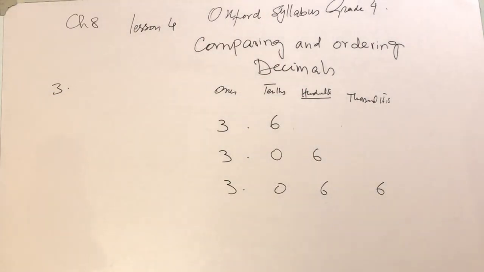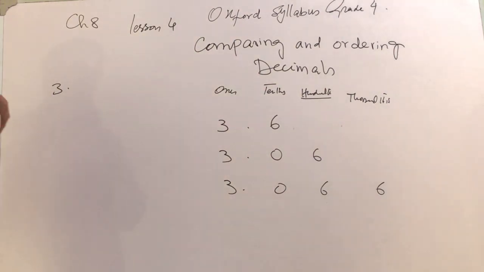There are three numbers, so we have plotted them under this chart of ones, tenths, hundredths, thousandths. We need to differentiate which one is bigger and then which comes on number 2 and which comes on number 3.